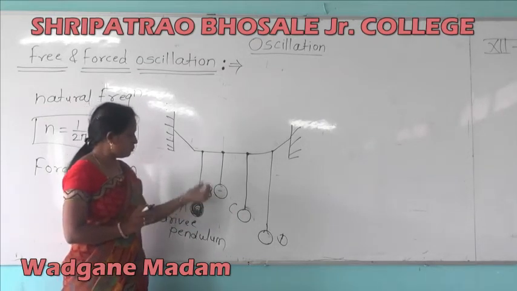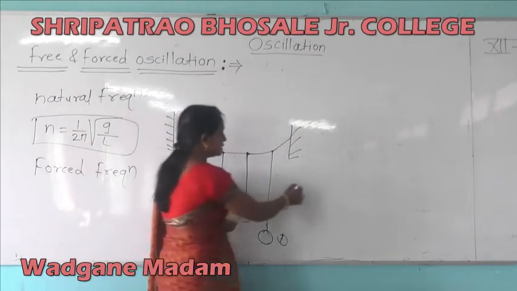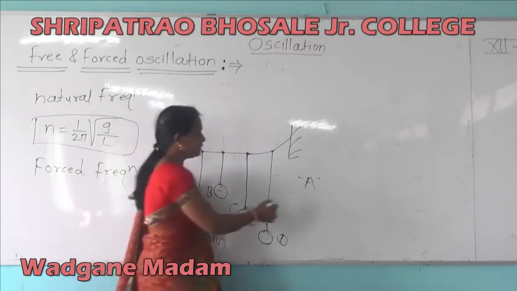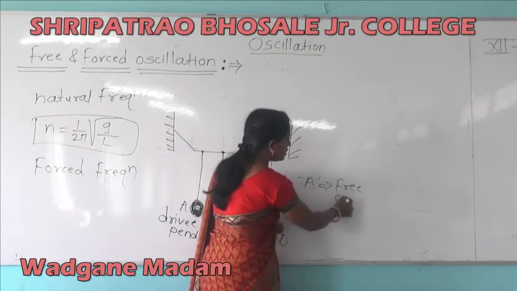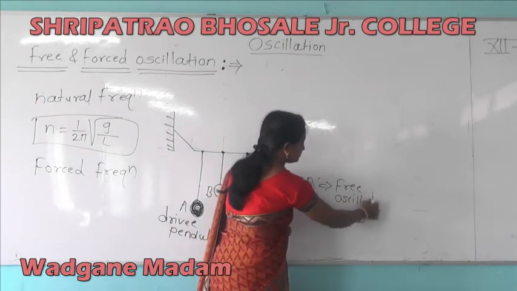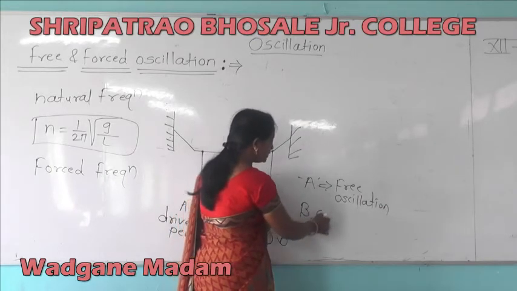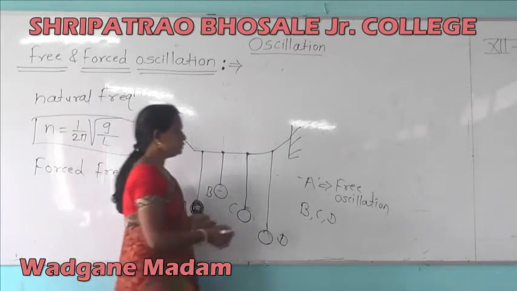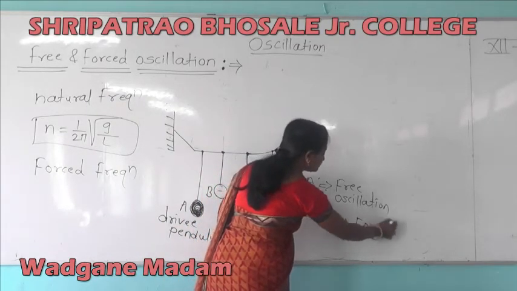As the lengths of A and C are the same, the oscillation of pendulum A is free oscillation. The oscillations of the other pendulums B, C, D take place due to forced oscillation.